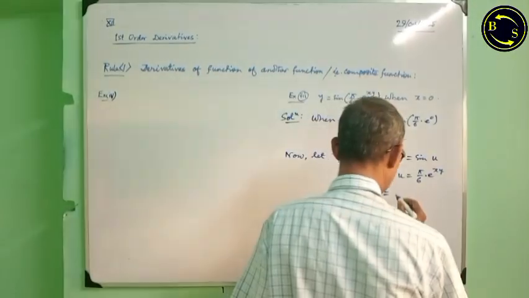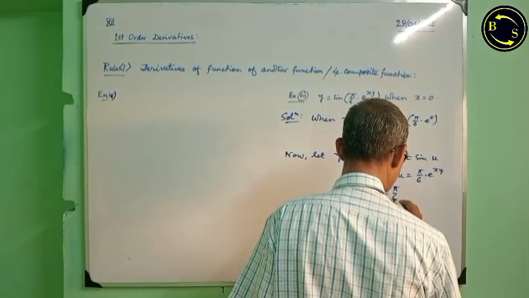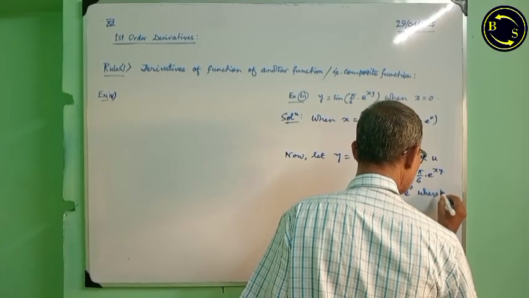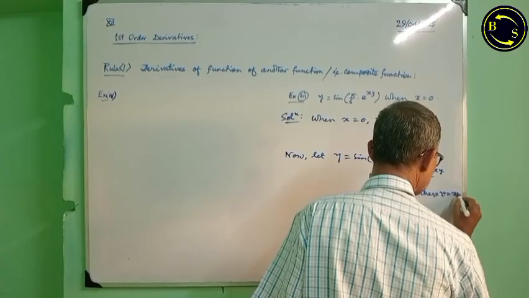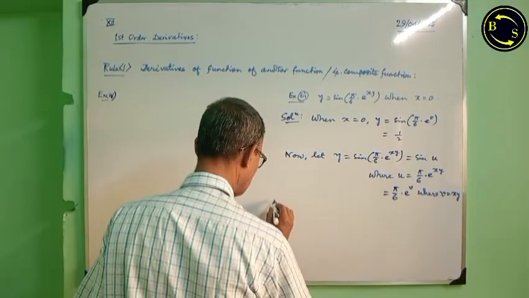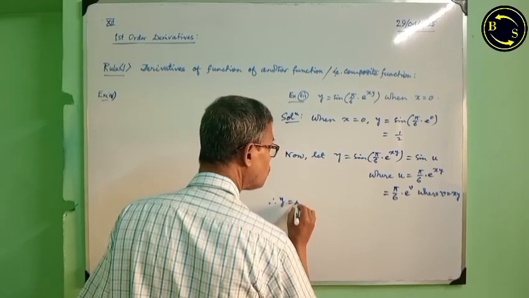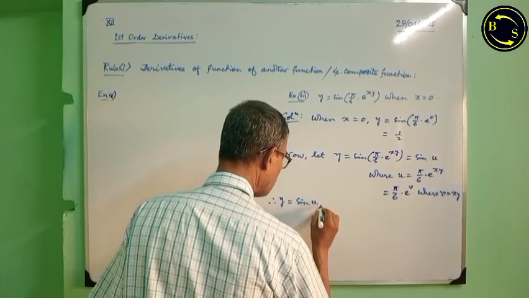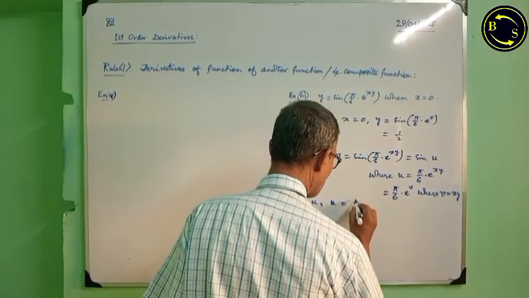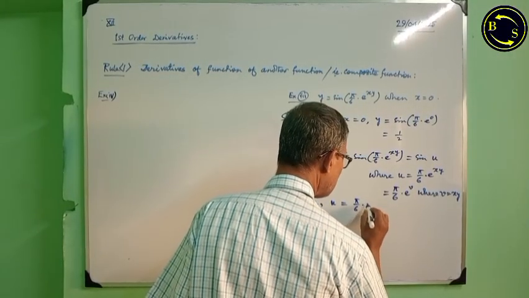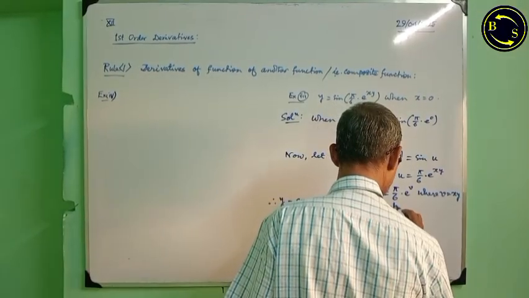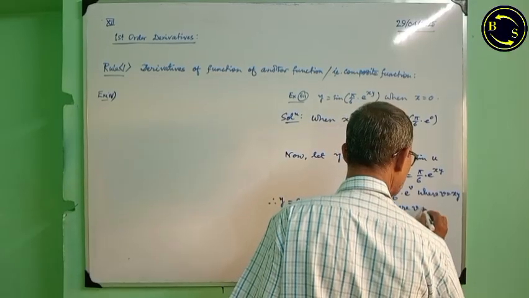That is why I take this pi by 6 e to the power v, where v equal to xy. Thus finally we got y equal to sine u, u equal to pi by 6 into e to the power v, where v equal to xy.